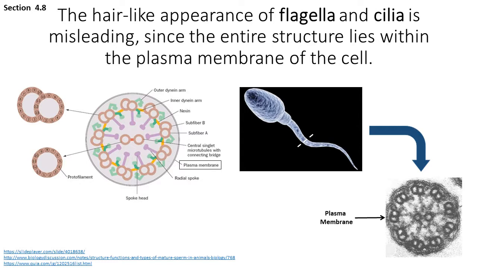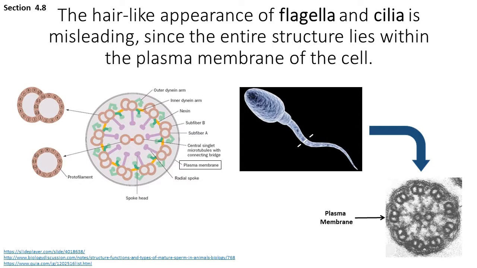And so it's that axoneme, this 2 plus 9, where the 9 are doublets of 2 microtubules that share a common wall, and each of the microtubules is composed of 13 protofilaments.